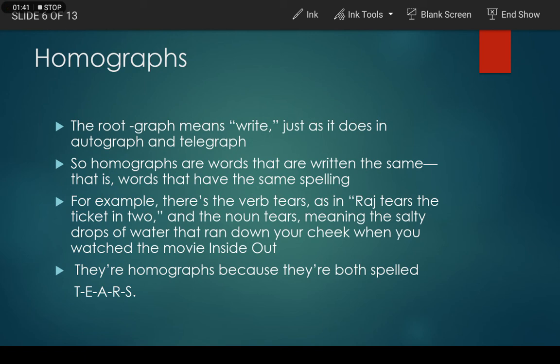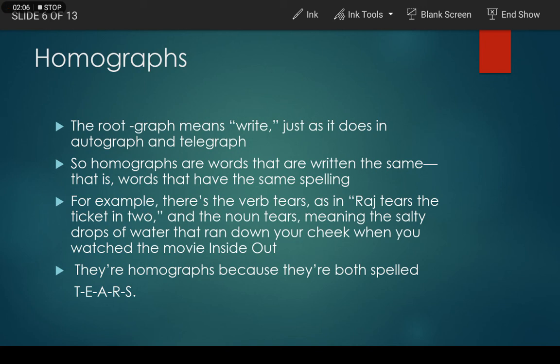For example, there is the verb tears, as in the sentence, Raj tears the ticket in two. And the noun tears, meaning the salty drops of water that come out of your eyes and run down your cheek when you watch the movie Inside Out.